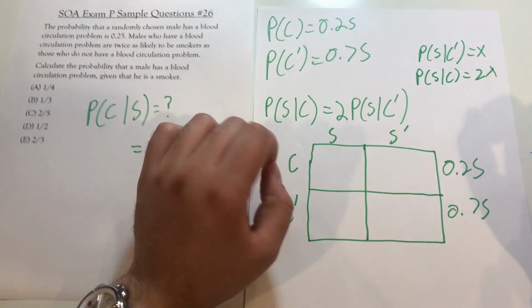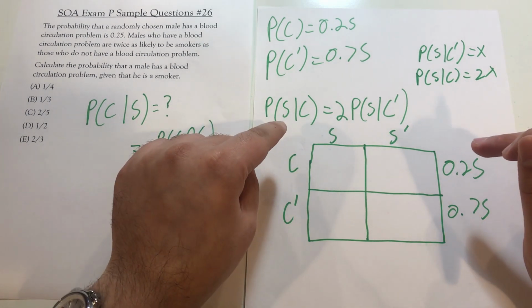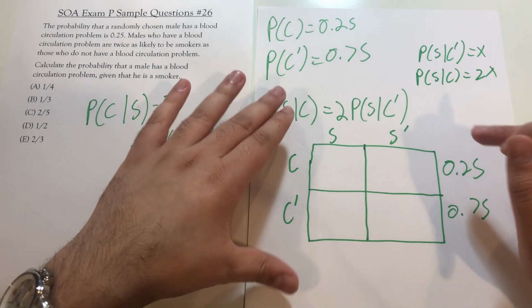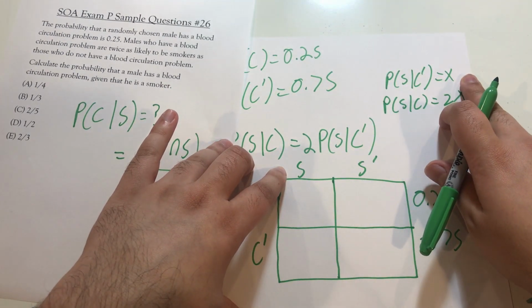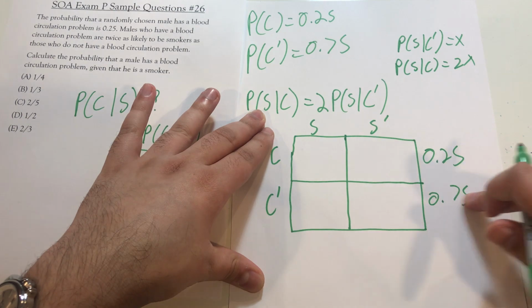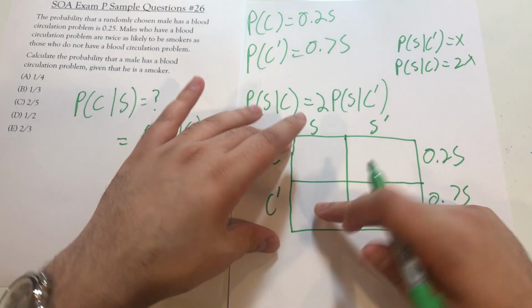And I can start filling in my chart using that information. So of all the people that don't have circulation problems, the probability of any one particular person being a smoker is equal to X.